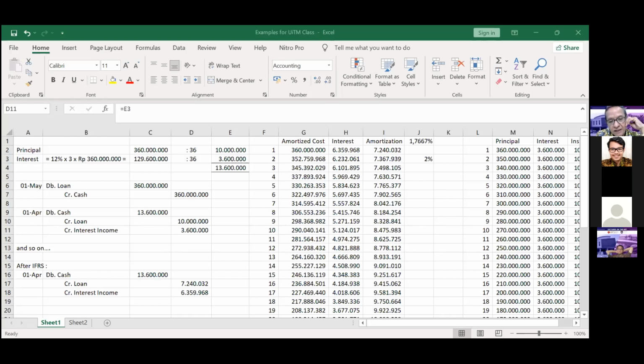But after IFRS 9, the loan loss is not like that anymore. The loan loss will be 7% multiplied by 80% multiplied by 10 million plus 20% times 90 million.